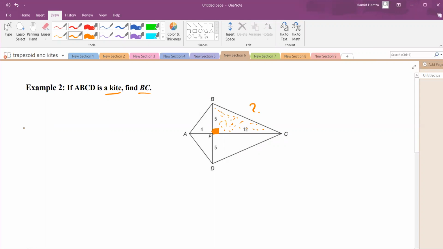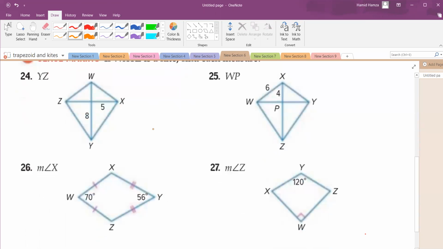So the hypotenuse BC will equal the square root of 5 squared plus 12 squared. You will use your calculator and find the answer. The answer will be 13.